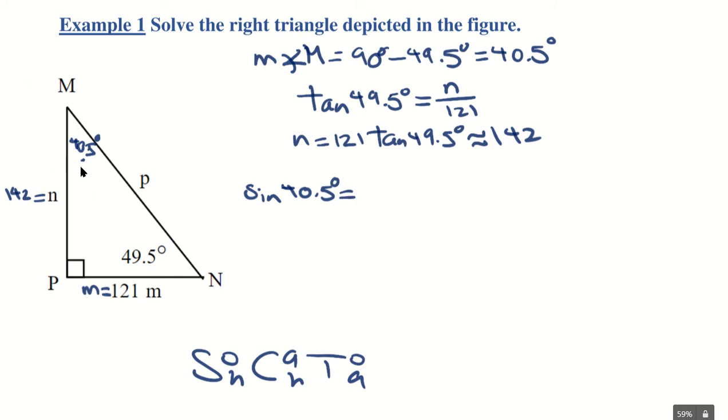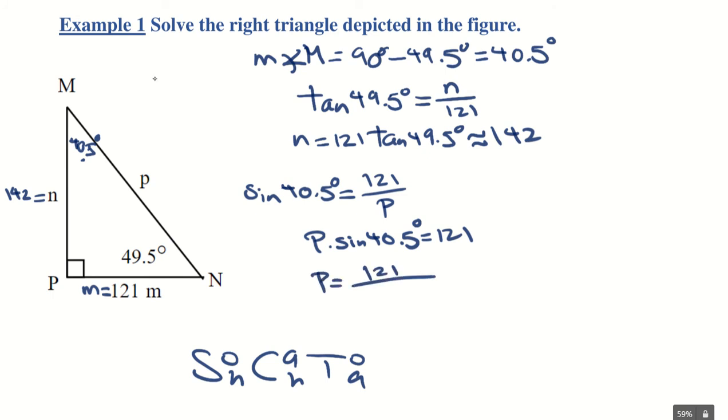So we know that sine is opposite over hypotenuse, right? So 121 over P, and we cross multiply, we get P times sine of 40.5 degrees equals 121. So P equals 121 over sine of 40.5 degrees.